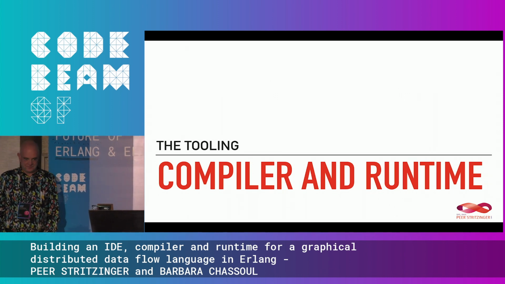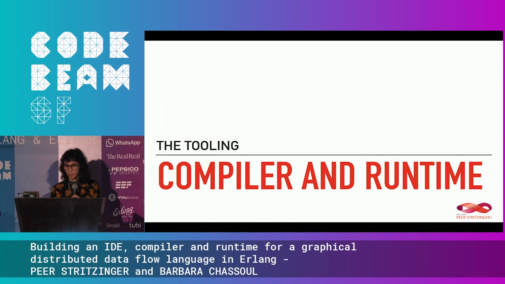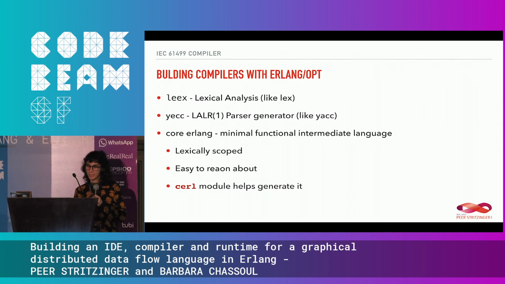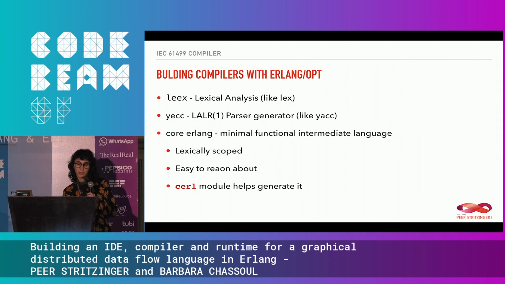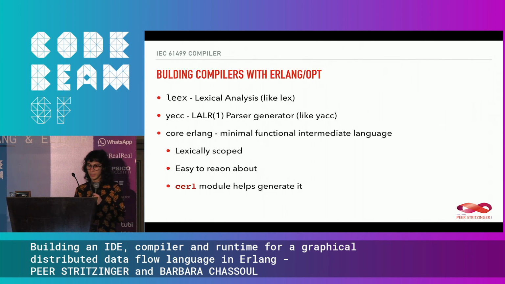So now that Pierre explained how the PLC worked, I can explain how we compiled and run. We use a regular expression based lexical analyzer generator for Erlang, which is very similar to Lex. And then we have Yecc, which is a parser generator, and we create Core Erlang.